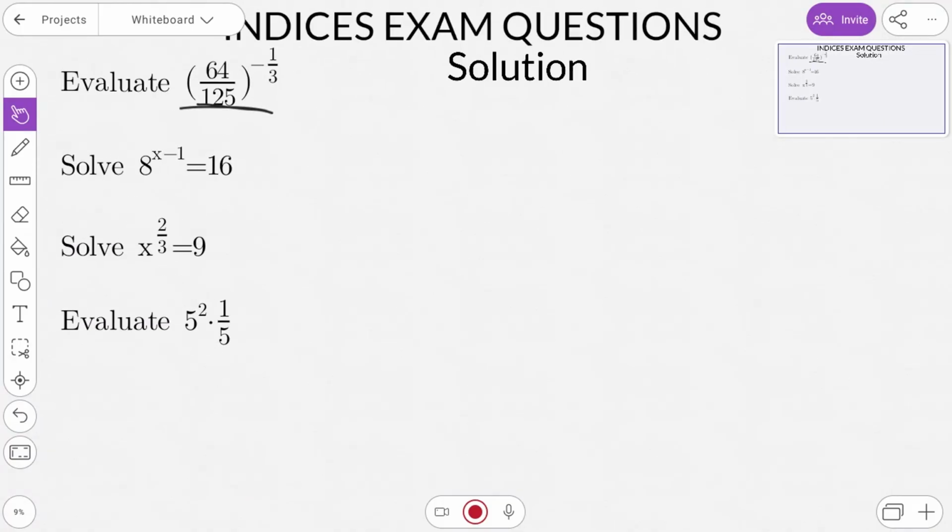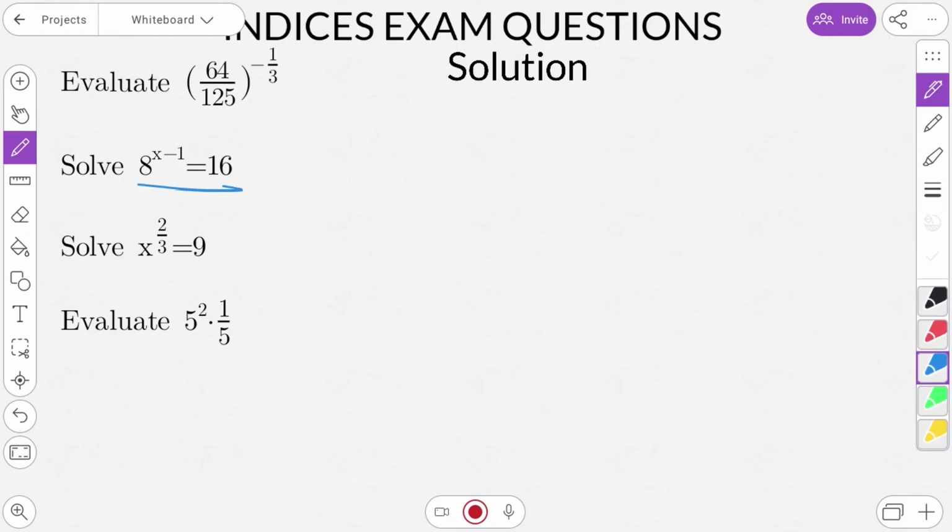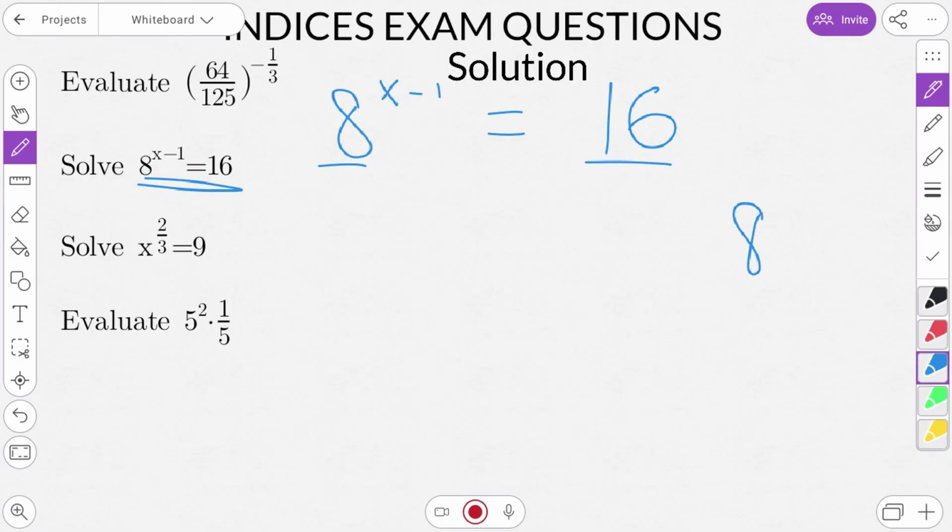Now the second question says, let me write it, 8 raised to an exponent of x minus 1 is equal to 16. Now we have two numbers here, 8 and 16. These two numbers can be represented in an exponential format as we did earlier in the previous question.